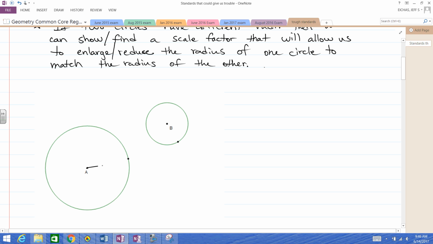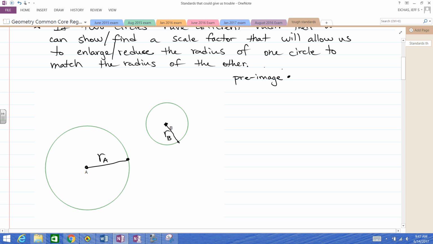Clearly these are different radii. So let's call the radius of circle A r sub A, and the radius of circle B r sub B. Now let's say we're going to scale down circle A so that it has the same radius as circle B. What I'll do is show how we do this so it can be useful in other problems as well.